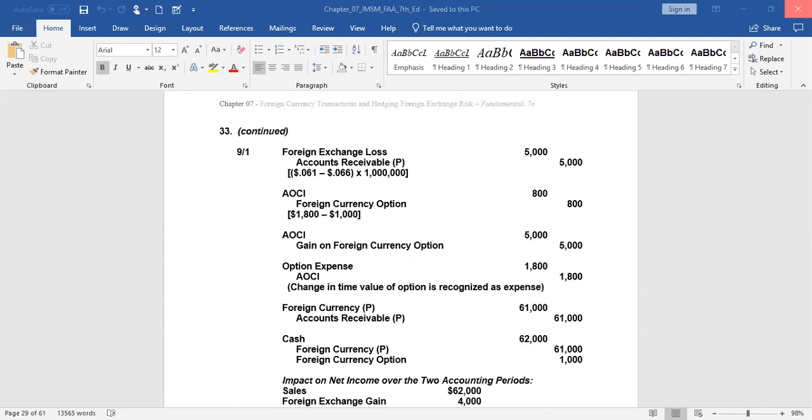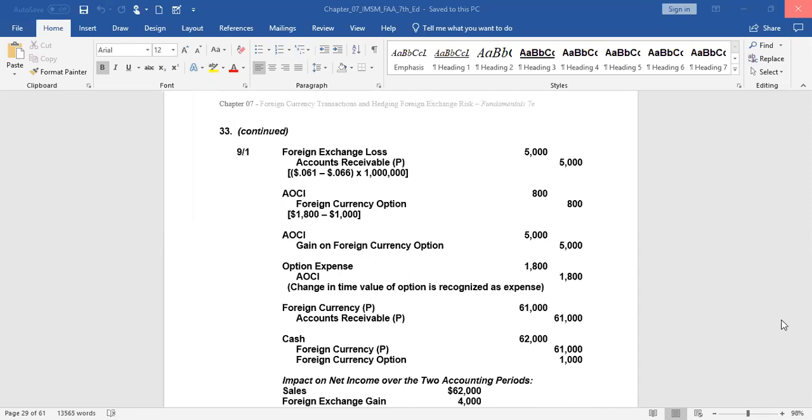See what that balance comes to. 0. So that AOCI account is just used to gather the offsets to increasing or decreasing our option account, washing out any gain or loss due to actual differences in foreign currency exchange, and getting the option expense for that time period recorded on the income statement.